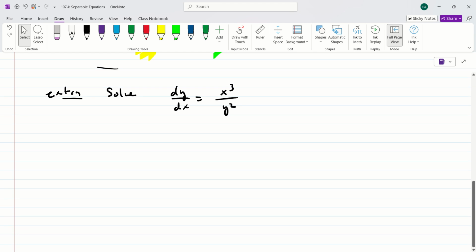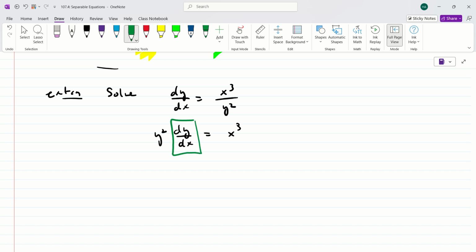What you're going to do is what we did above: move all the y's to one side and all the x's to the other side, so that we have in front of our dy dx a y squared, and on the other side an x cubed.